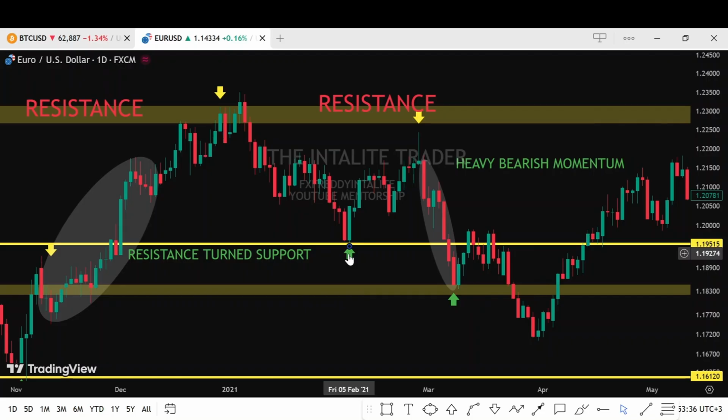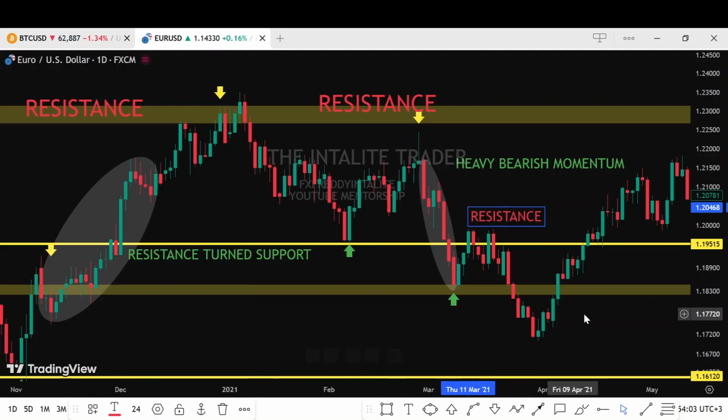This level acted as support. Price broke below it. Now this support will become resistance again. So this is resistance. So we mark our resistance here. So it becomes resistance again.